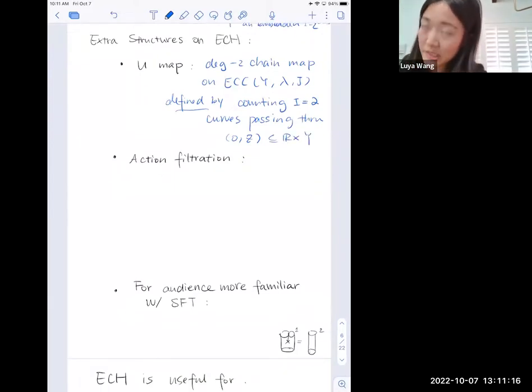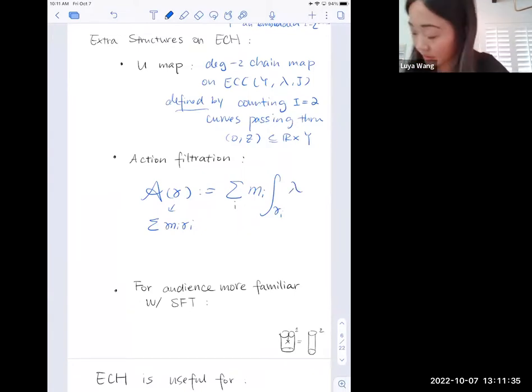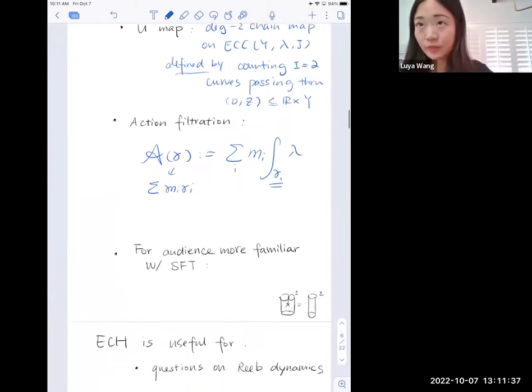And there's the action filtration, which is given an orbit set gamma, the sum of m_i gamma_i. This is defined to be the sum of all the m_i, actually integrated over the orbits.